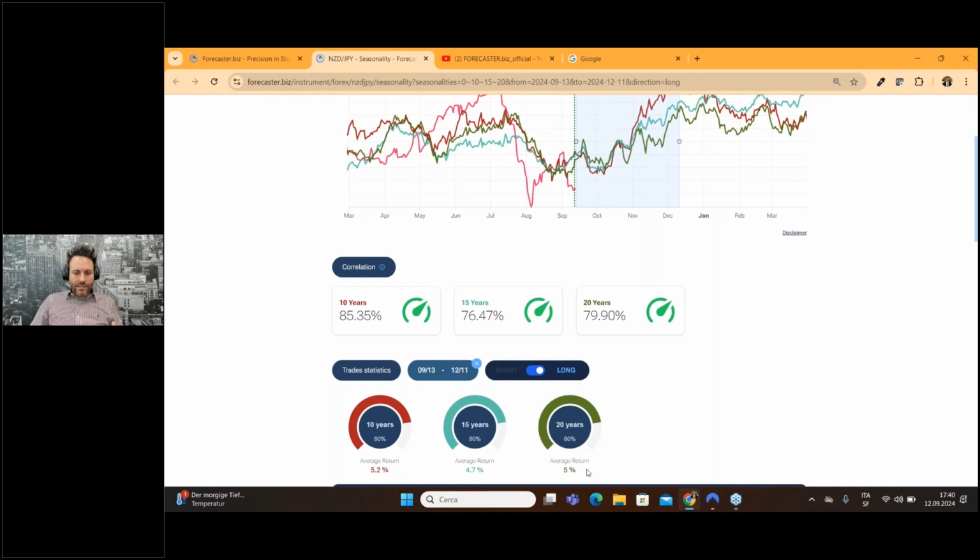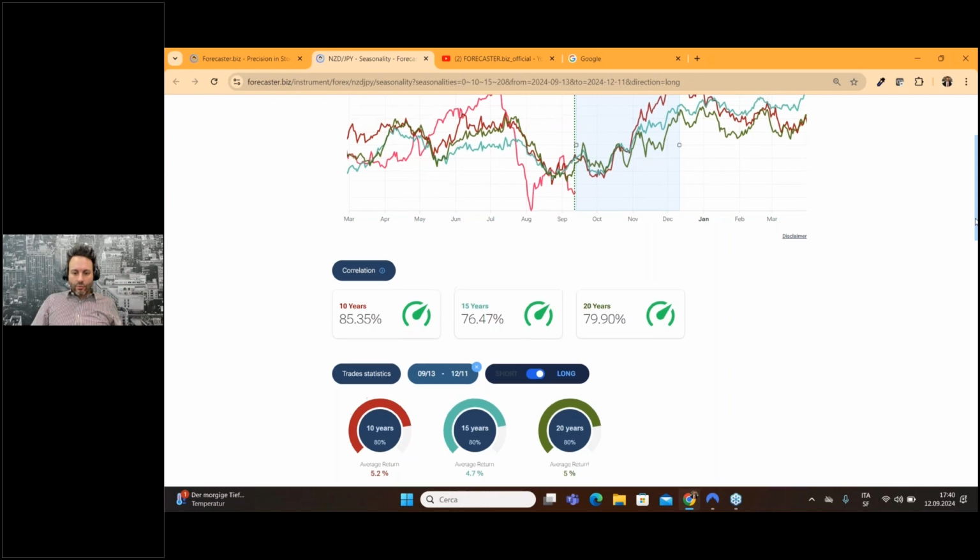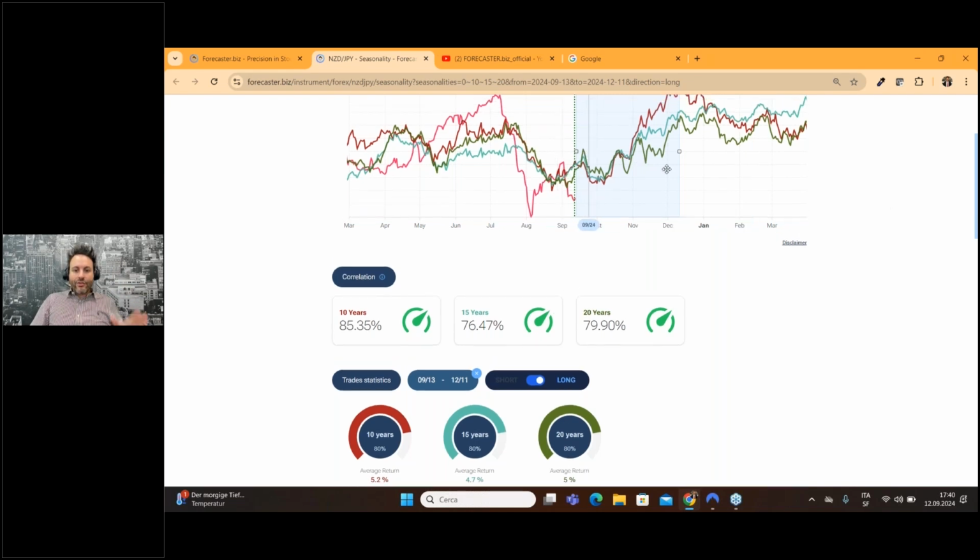It's very consistent. So third step, we can go to the chart here and try to optimize the trade. Let's see what happens if we decide to move our trade start to the end of September, where we can find a low on all seasonalities.